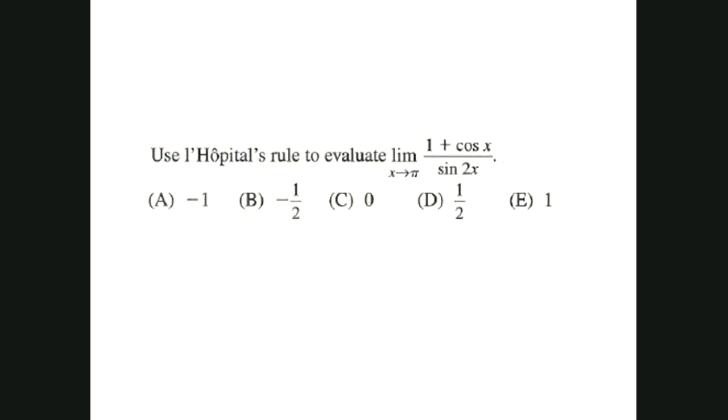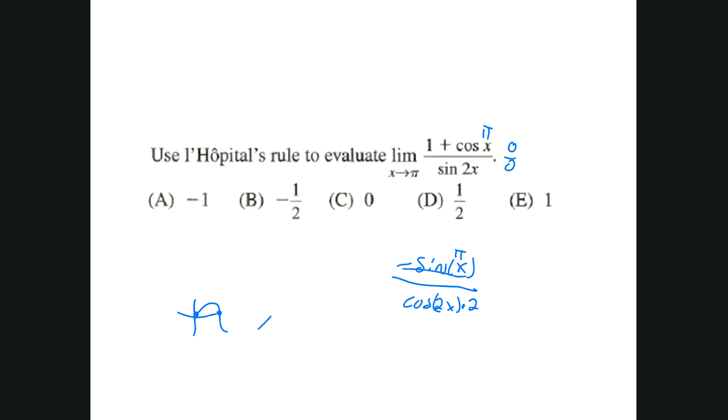Letter B. All right. I did not do the problem yet, but I'm looking at it, and if I put pi in here, that's going to be 1 minus 1, which is 0 over 0. So yes, I can use L'Hopital's formula. So if I take the derivative, I end up with negative sine of x over, and then the sine 2x, that's going to be cosine 2x times 2. So if I put pi back in here, the sine of pi is 0, isn't it?